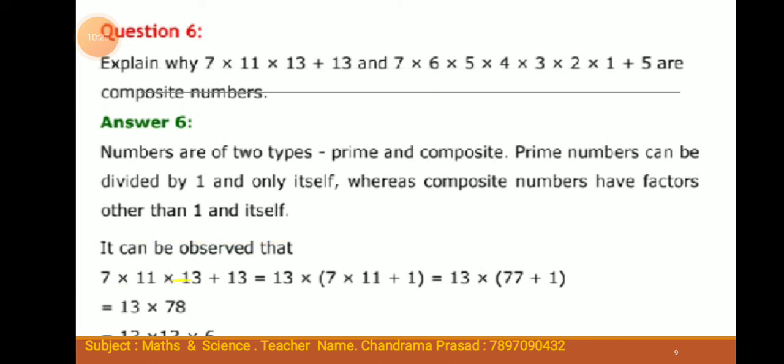Therefore, it can be observed that 7 into 11 into 13 plus 13 equals 13 into 7 into 11 plus 1. This can be written as 13 into 77 plus 1, or 13 into 78.